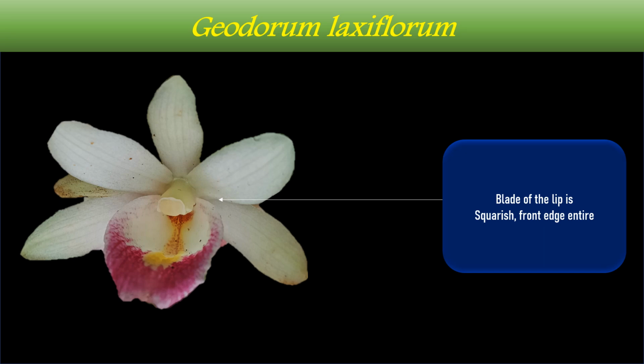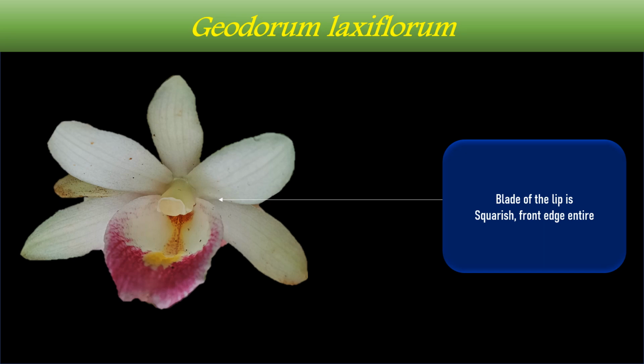Then comes our Geodorum laxiflorum. Geodorum laxiflorum is a terrestrial orchid, and you can see this orchid mostly at ground level. The flower is always downward, facing towards gravity, and the lip has a very distinctive character from other Geodorum species. Here the blade of the lip is squarish and the front edge is entire.